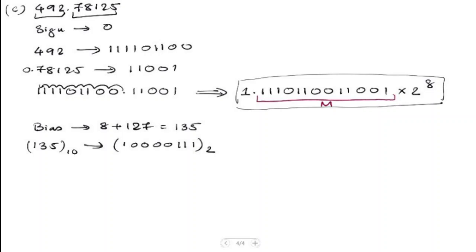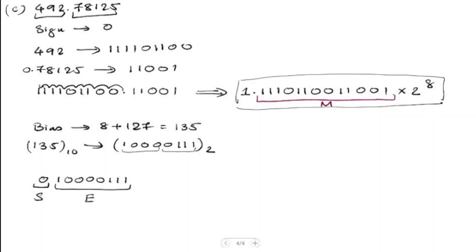So we are done with all the conversions now, and what we need to do is put it all together. For the sign bit, we have 0, and then for the exponent we have 8 digits. We'll just write it as it is now, 10000111. That's the exponent bits.